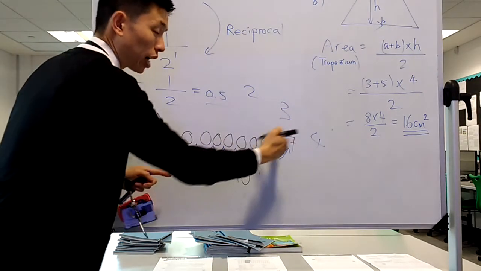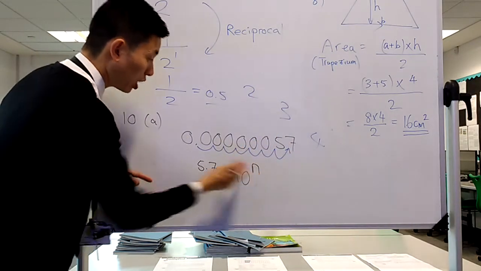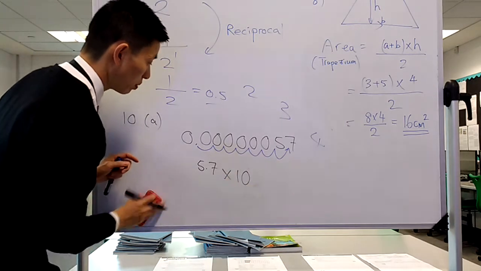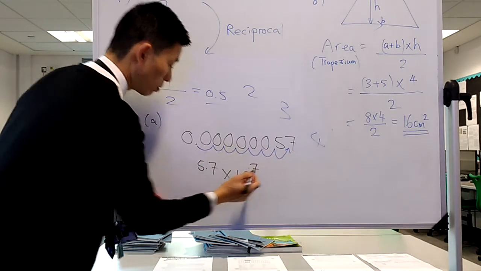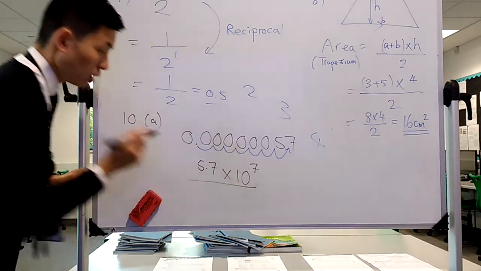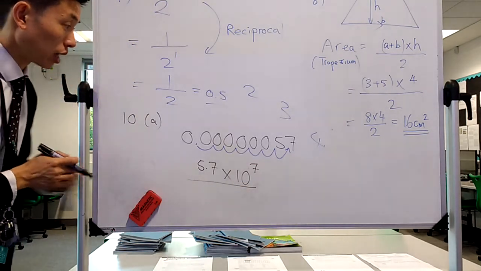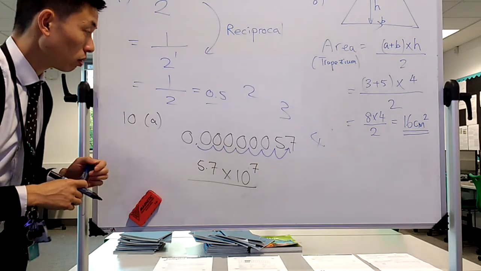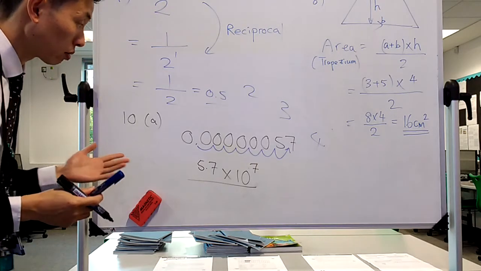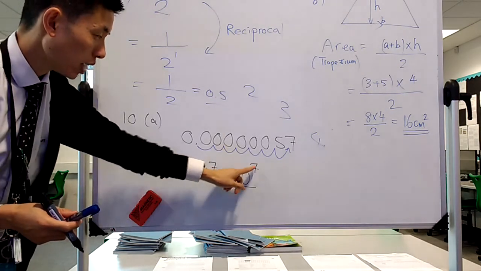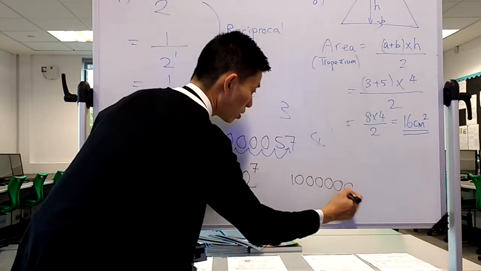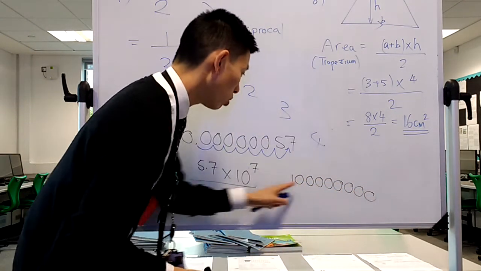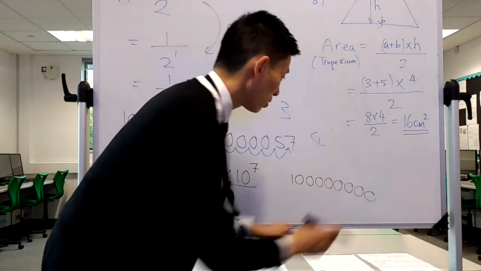How much I have moved to the right will give me the value of the index. 1, 2, 3, 4, 5, 6, 7. Finished. So, is it minus 7 or plus 7? That's the thing. If I times that by 10 to the power of 7, that's going to give me 7 zeros. 10 million, basically.